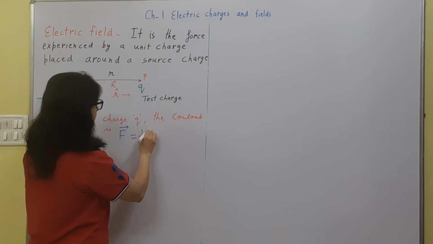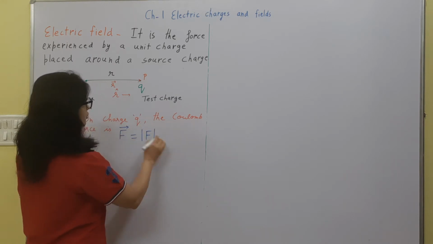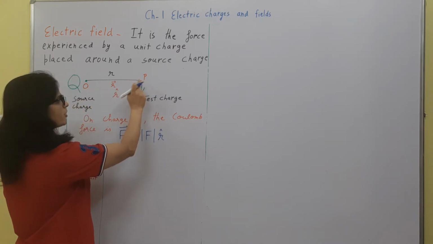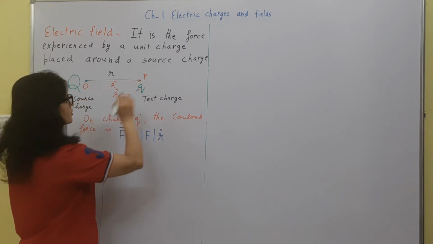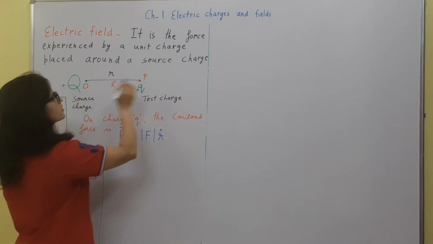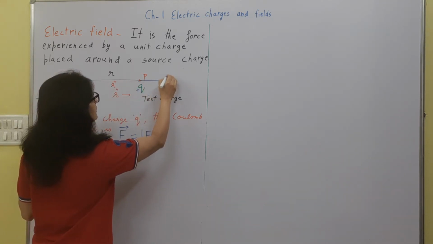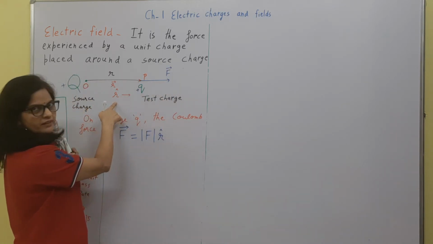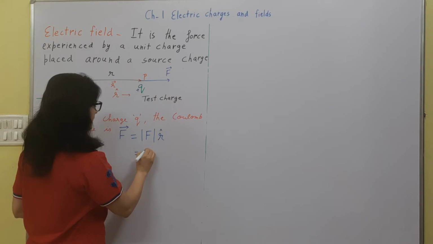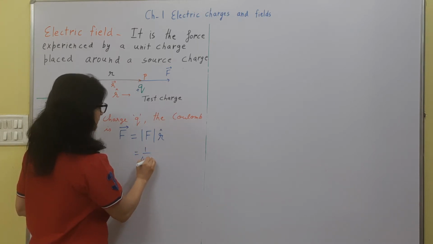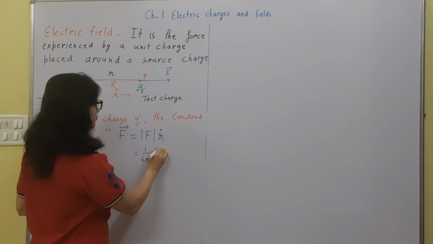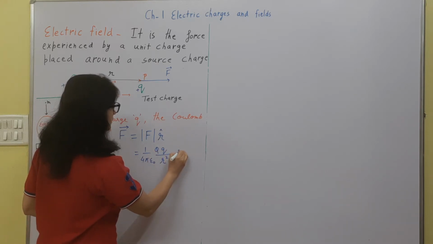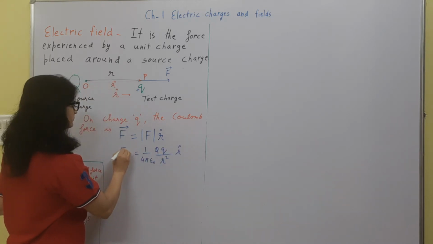I will write the magnitude of force and the direction. I will first check what will be the direction. This is a positive charge. If this is the positive test charge and this is the positive source charge, what will be the direction of the force? This will be the direction of force. That means this will be along r cap, right? And what will be the magnitude? This will be 1 by 4 pi epsilon naught, first charge, second charge, upon separation square, into r cap.